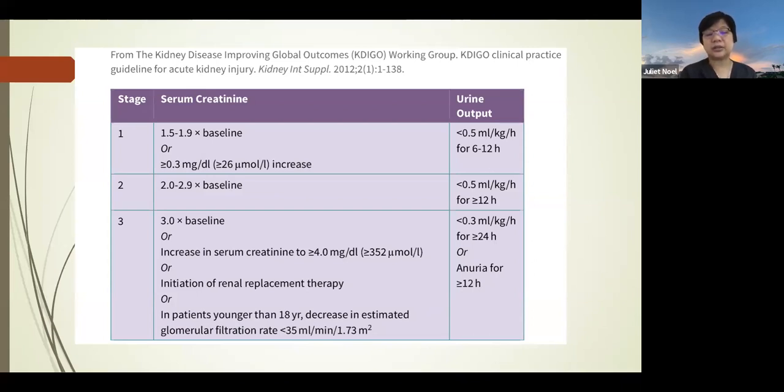In patients younger than 18 years old, a decrease of estimated GFR to less than 35 is considered stage 3, and less than 0.3 ml per kilo per hour of urine for more than 24 hours, or anuric for more than 12 hours. So these are the staging based on KDIGO. At present, most of us nephrologists use KDIGO staging for AKI.